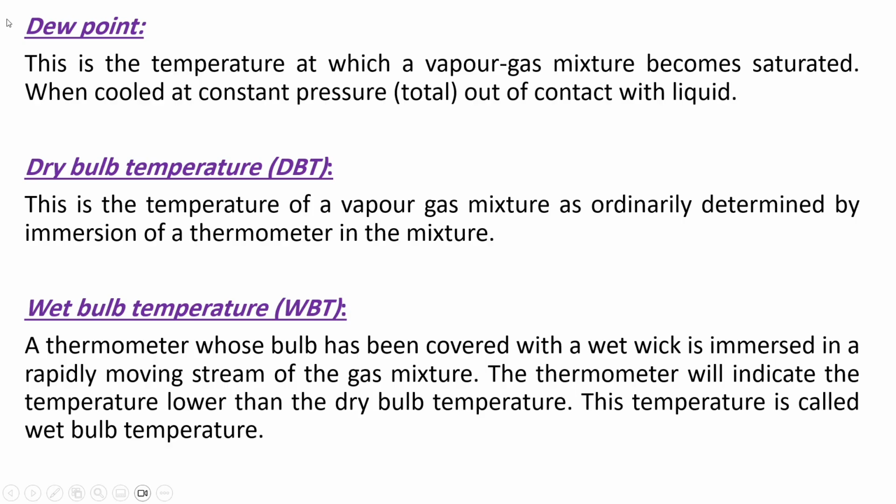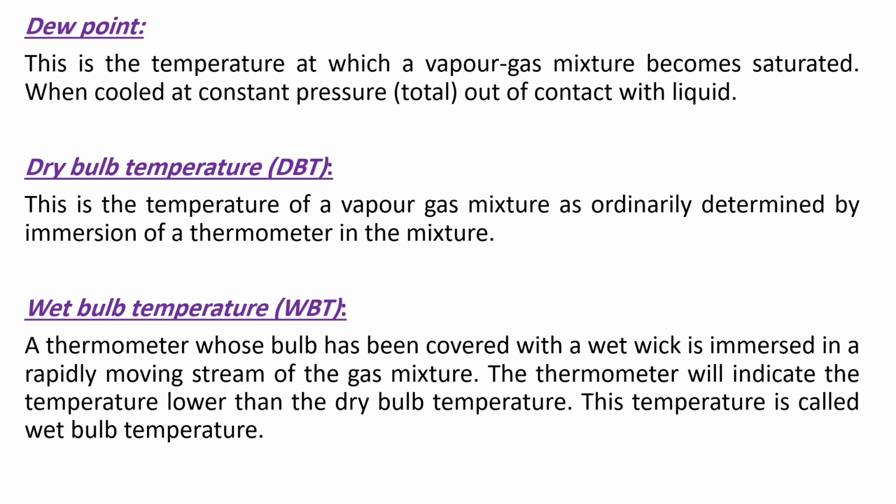Dry bulb temperature is the temperature of a vapor gas mixture as ordinarily determined by immersion of a thermometer in the mixture. Wet bulb temperature is the temperature of a thermometer whose bulb has been covered with a wet wick, immersed in a rapidly moving stream of the gas mixture. The thermometer will indicate a temperature lower than dry bulb temperature. Why is that?